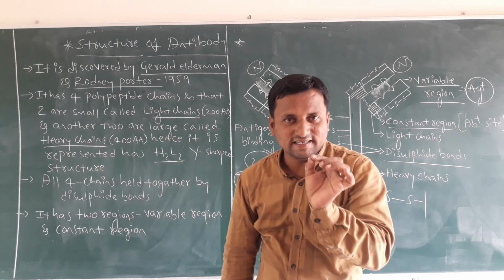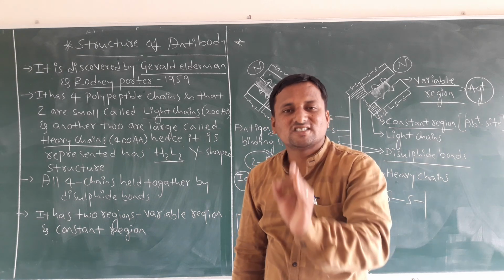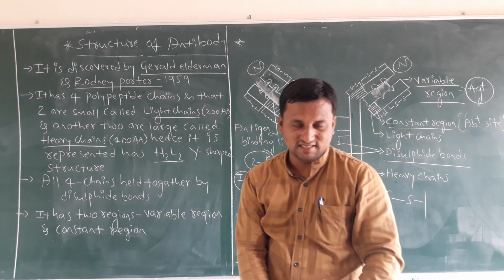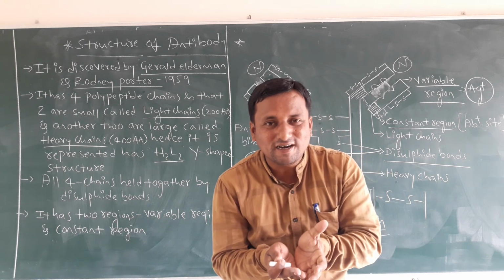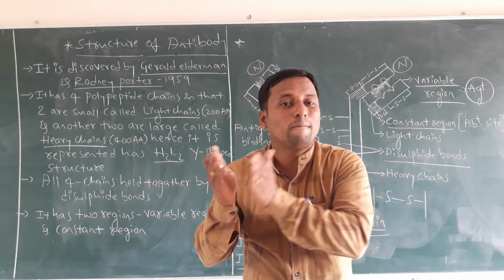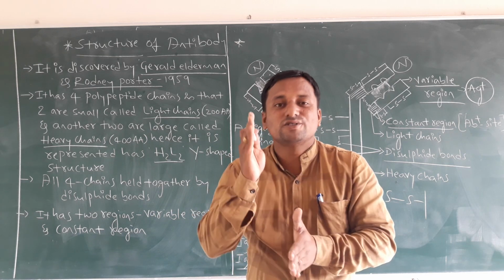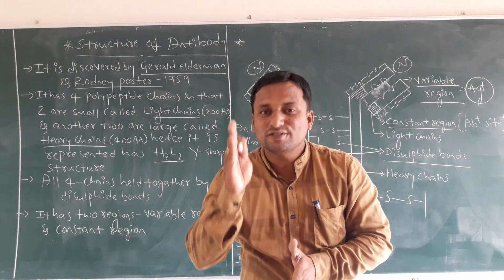These two scientists discovered the structure of antibody molecules, which are present in blood and produced from which part? The bone marrow. What cells produce the antibody molecules? Those are called B lymphocytes.